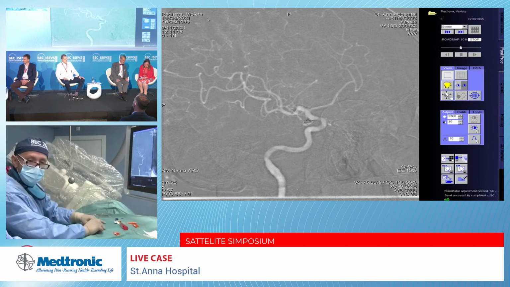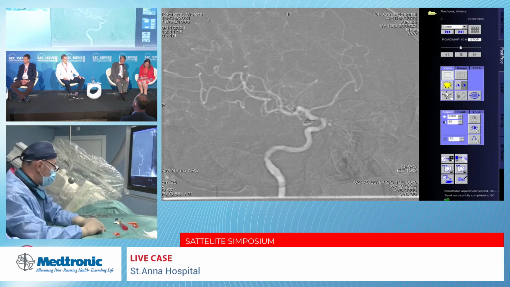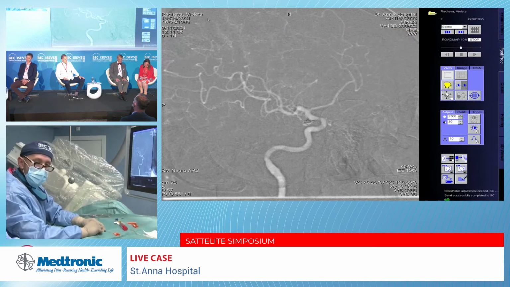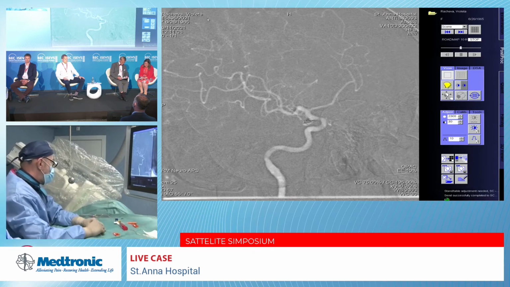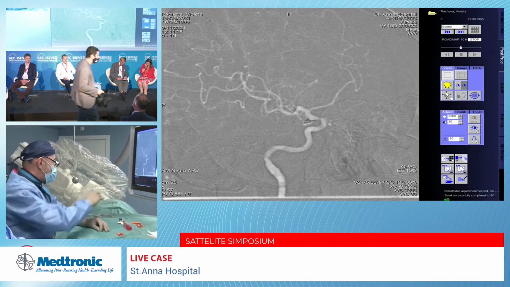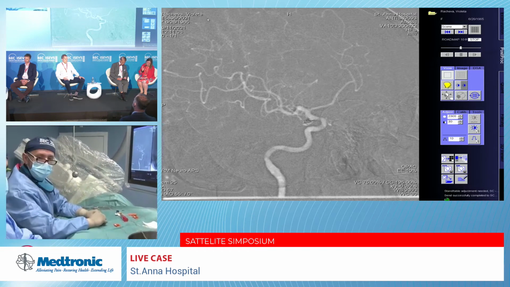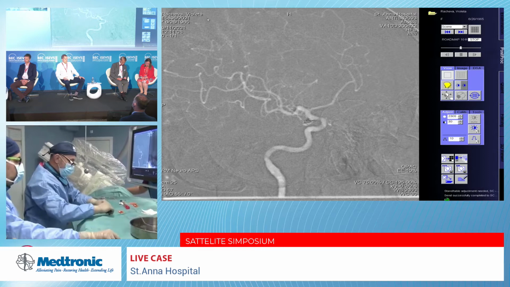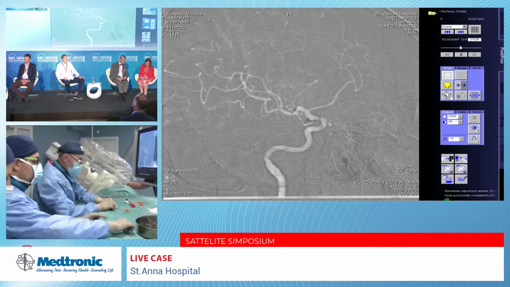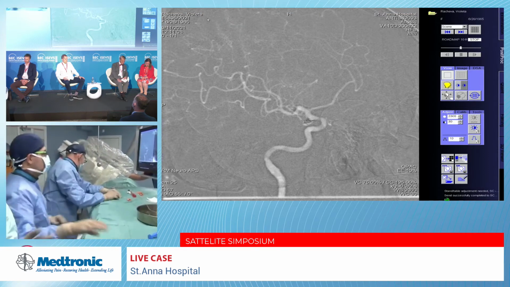Okay, ready. I put the top of the microcatheter in the MCA because it is a little bit tortuous, and to have a good stability of the microcatheter, it is up in the MCA aneurysm.